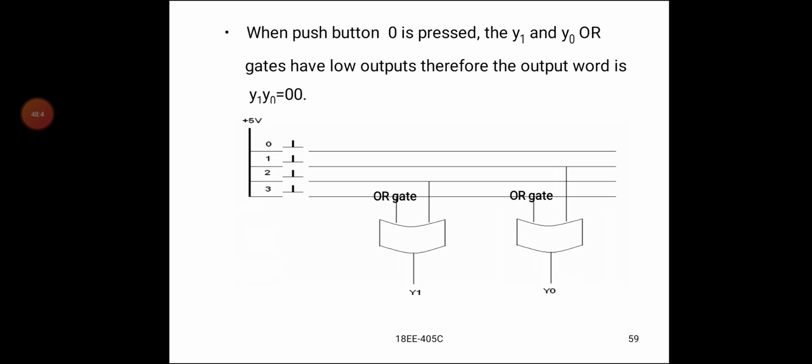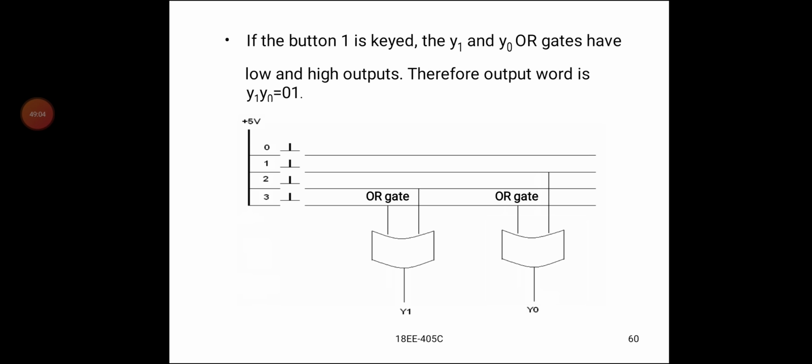When push button 0 is pressed, the Y1 and Y0 OR gates have low outputs. Therefore, the output word Y1, Y0 is equivalent to 0, 0. If button 1 is keyed, the Y1 and Y0 OR gates have low and high outputs.